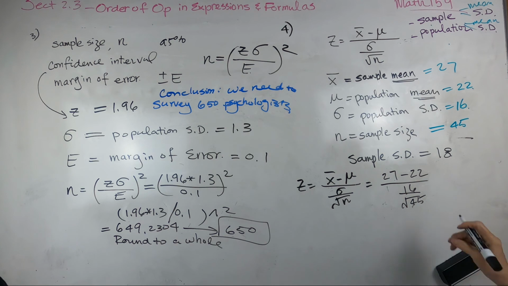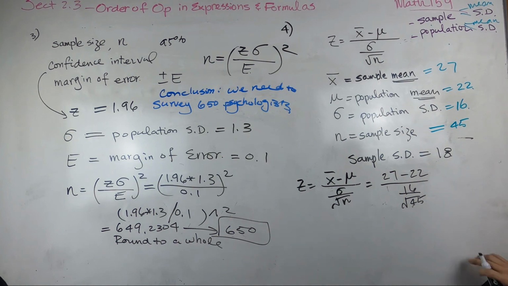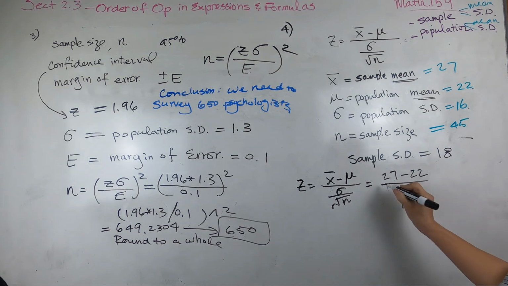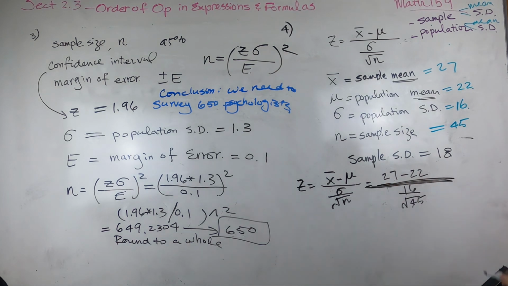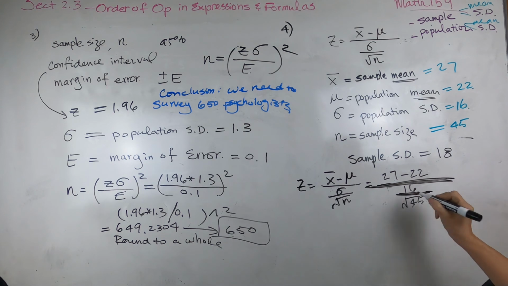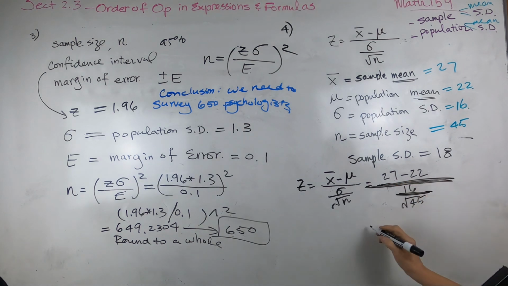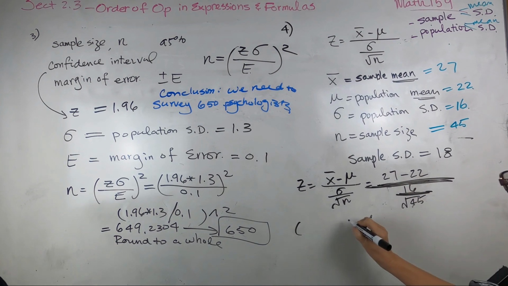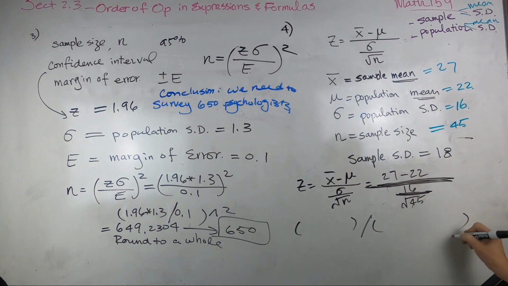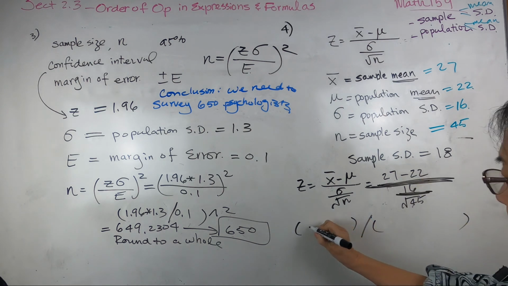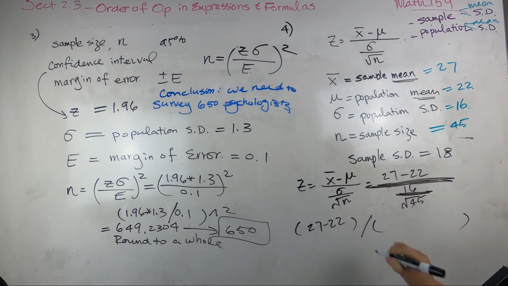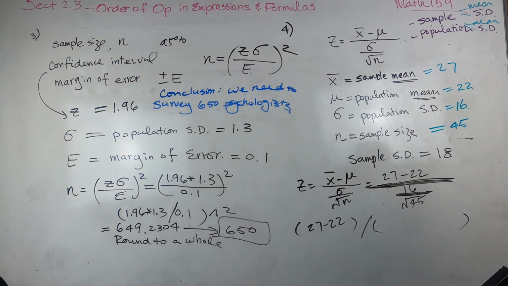Right? If you want to enter this into the calculator in one shot, you need to follow the order of operations. So that's the group divide. Here is the group, numerator and the denominator. Numerator is 27 minus 22. You are fine.